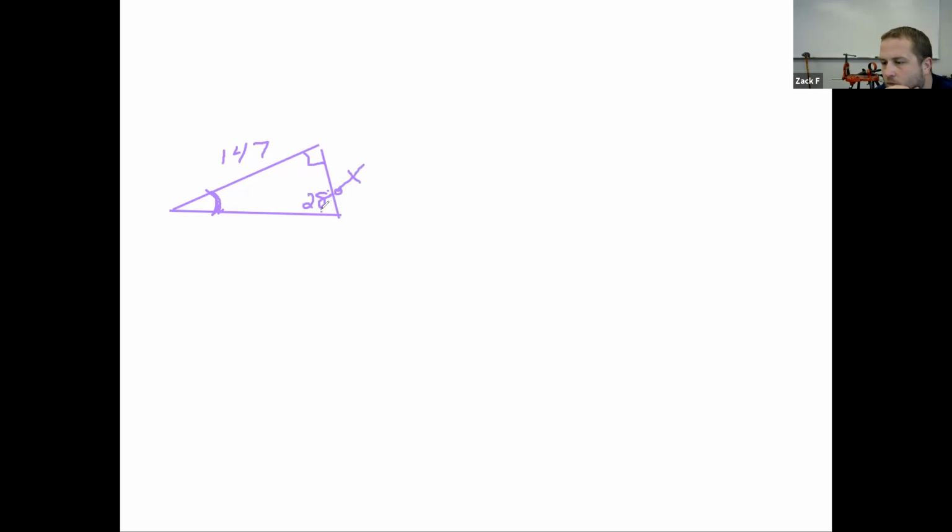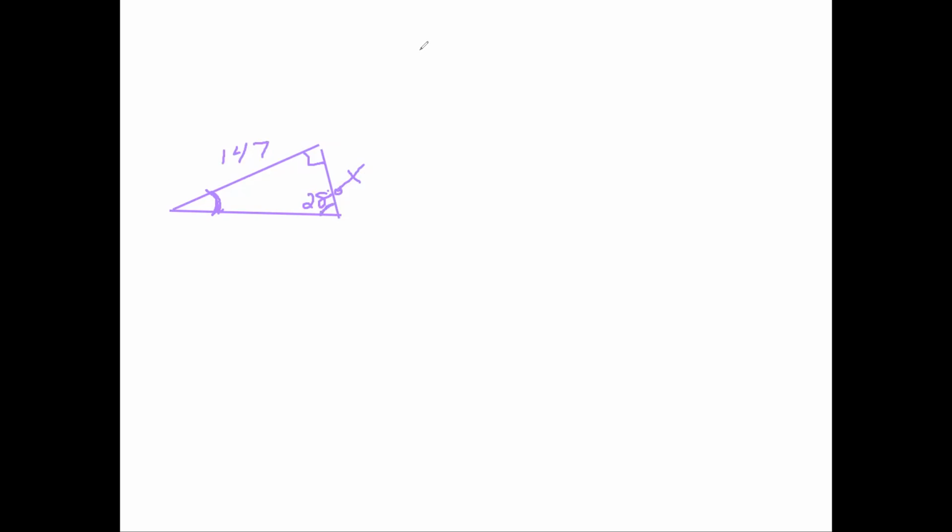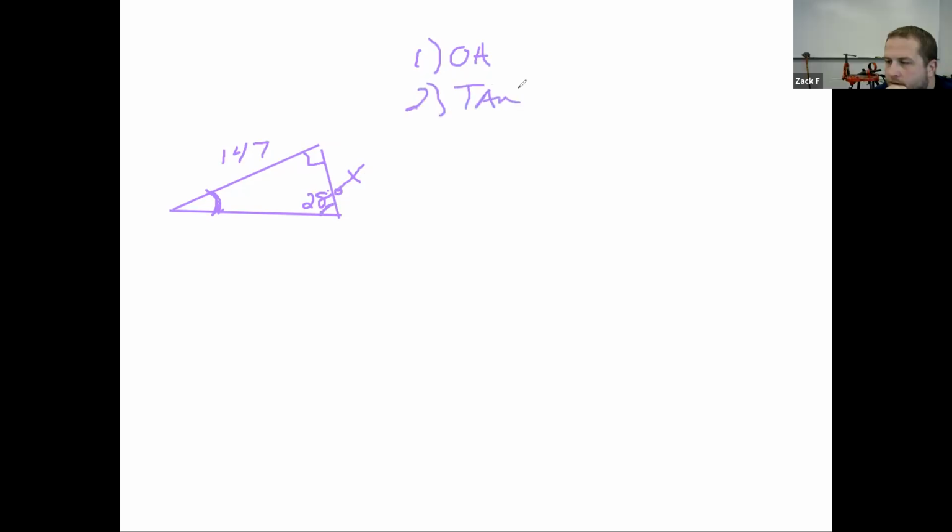So step 1, what are we given? Opposite and adjacent. So it's going to be the tangent. So step 2, we know we're using tangent. Step 3, we're going to set it up. Tangent of 28 equals opposite over adjacent.